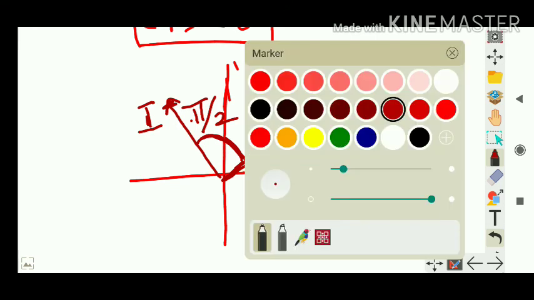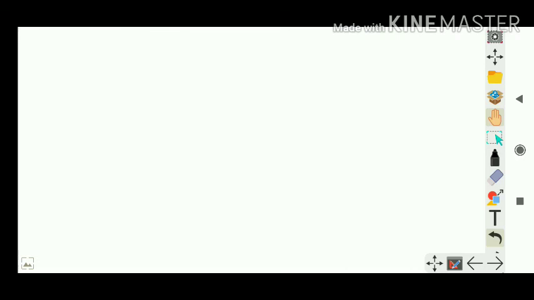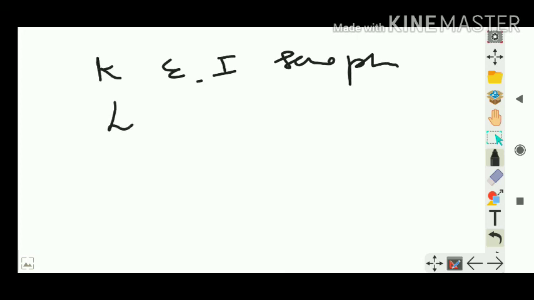In the case of the resistor, the EMF and current are in the same phase. Whereas in the case of the inductor L, the current is lagging, or I can say the EMF is leading.